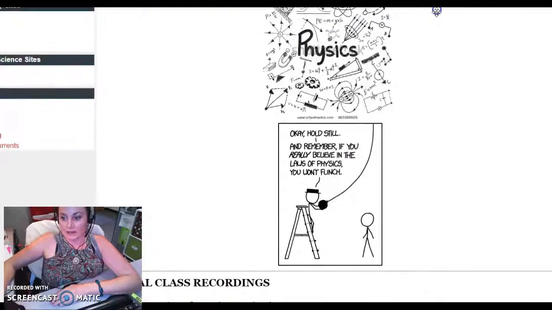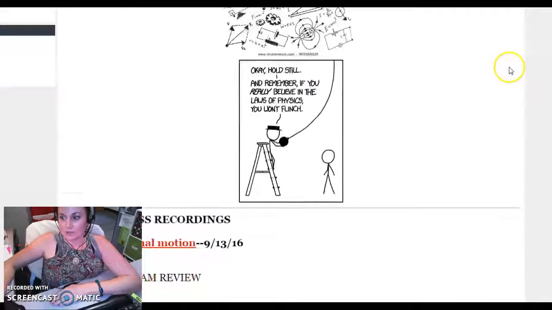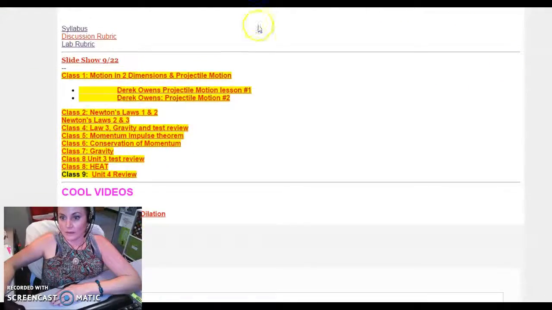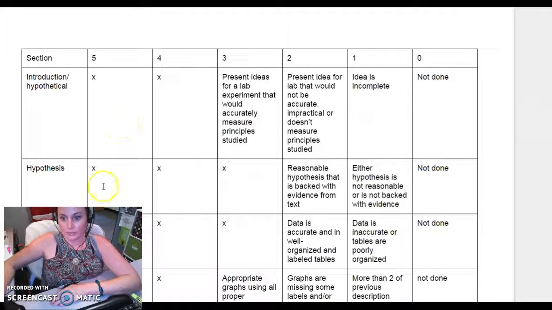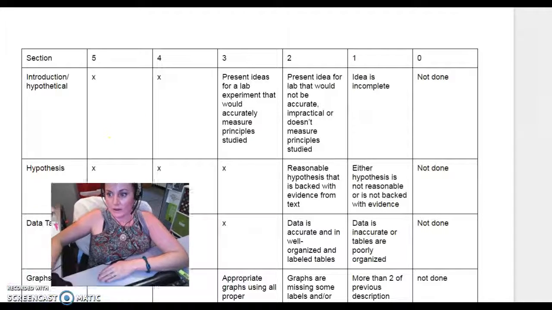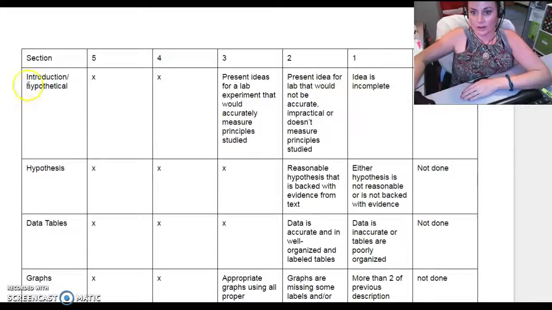And in this tab for physics, as you scroll down, one of the things I hope you notice is the lab rubric. So if you clicked on that lab rubric, it would bring up this Google Doc for you. And one of the things that's on here is the introduction/hypothetical.